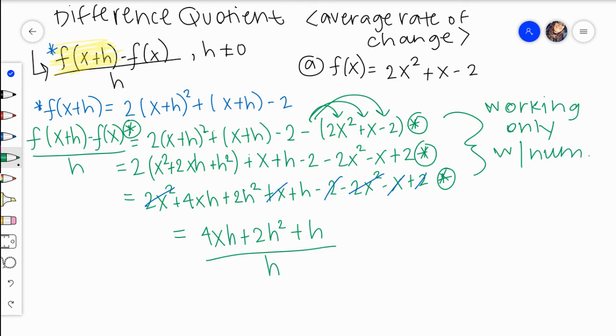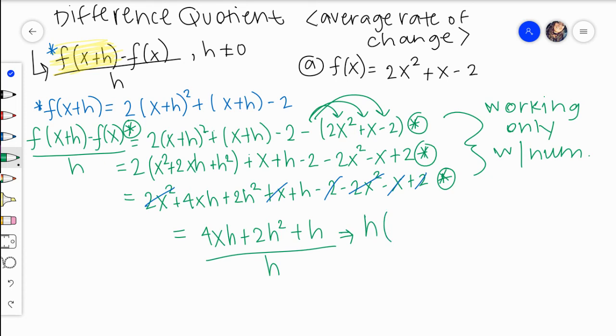And then I know that since I have an h in the denominator, there should be a way that I can cancel with an h that's in the numerator. If you look at the terms in the numerator, there's an operation of addition, which keeps me from being able to just cancel. But what I can do is I notice that each term has an h. So I'm actually going to pull out this greatest common factor of h.